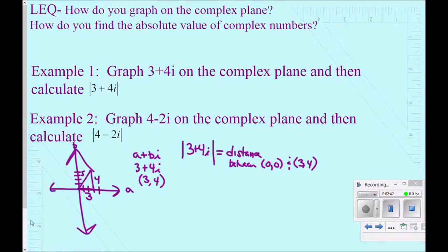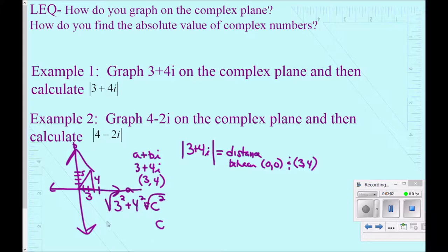If we didn't remember that that was a special right triangle, then remember we would use the Pythagorean theorem, and we would say 3 squared plus 4 squared is equal to the hypotenuse squared, which we'll call c. So to solve that, we want c, so we're going to take the square root.